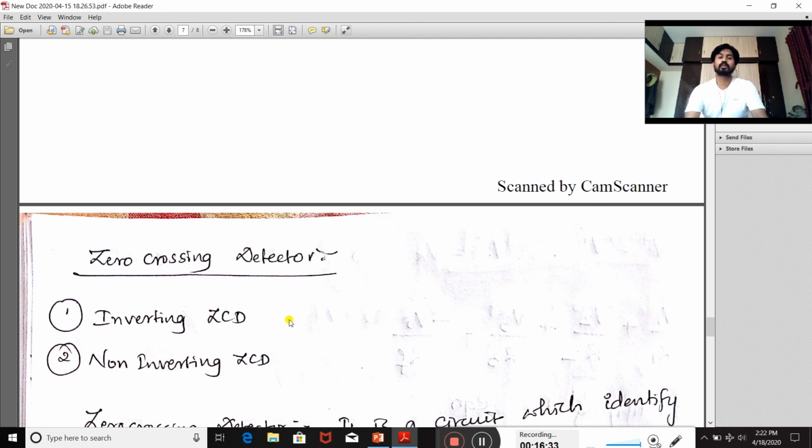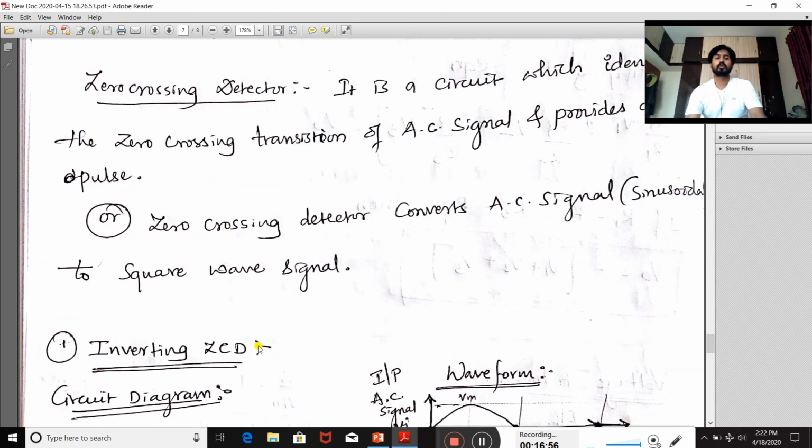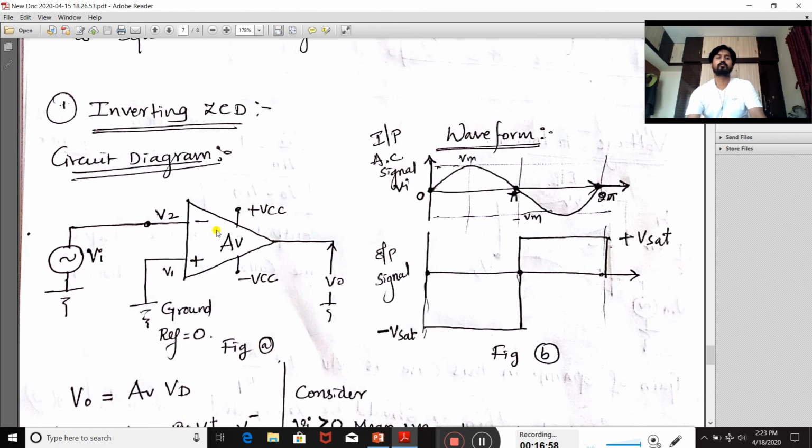We find applications of zero crossing detectors in many places, specifically for alarming, temperature sensing, pressure sensing. There we use this zero crossing detector. Basically, the operational amplifier is a versatile amplifier which can be used for various purposes. Whenever you are using it in the open loop configuration, you can use it as a zero crossing detector.